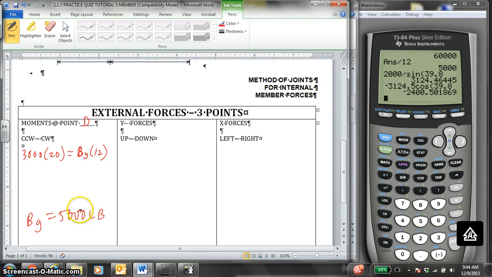Y forces up equals down. By plus Dy equals down 3,000 from that 3,000 load over there.